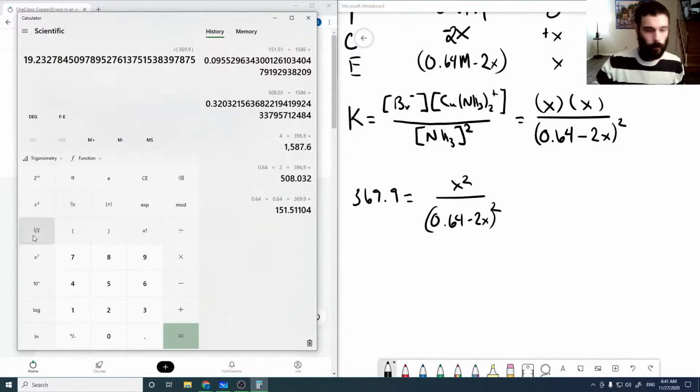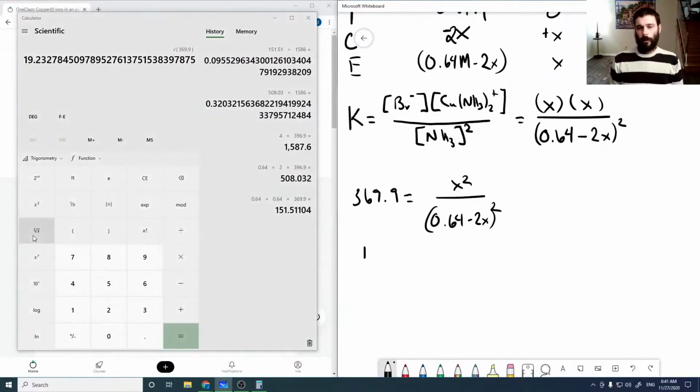So if we take the square root of 369.9, and the square root of both sides, because they're squared on top and bottom, then we have 19.233 is equal to x over 0.64 minus 2x.